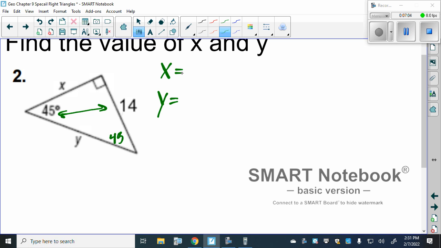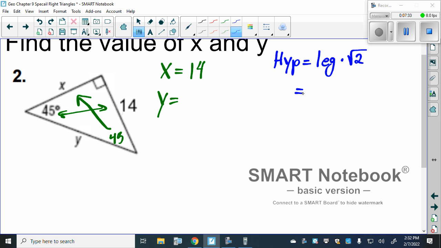So which variable do we know for sure? 14 is which one? Because it's opposite the 45 degrees, because the sides opposite the 45 degrees are going to be the same. And the hypotenuse is going to be the length of the legs times the square root of 2.